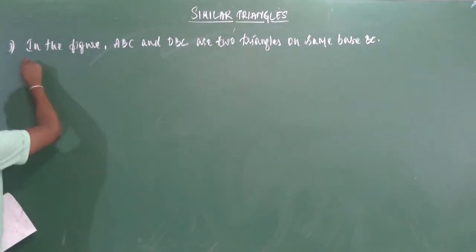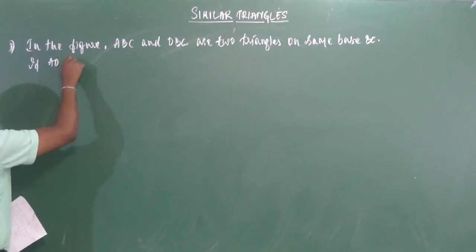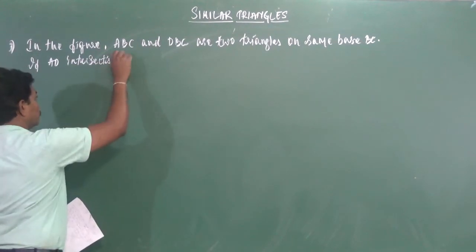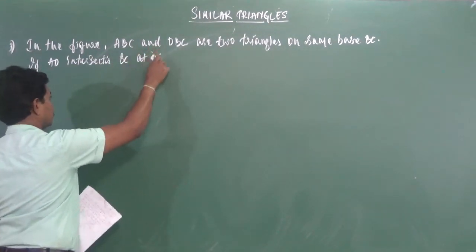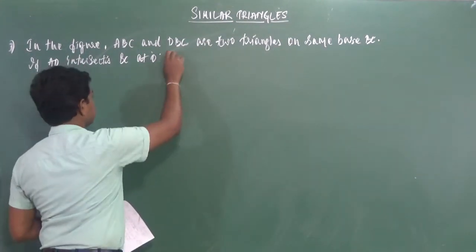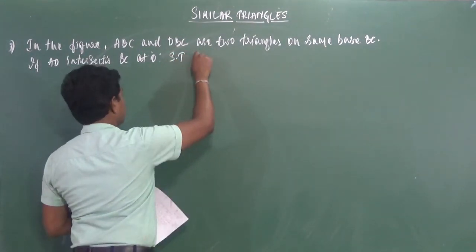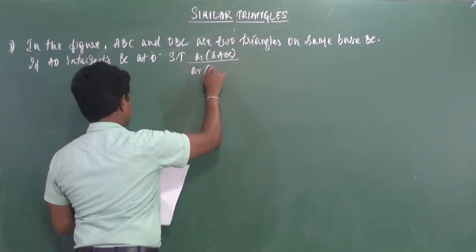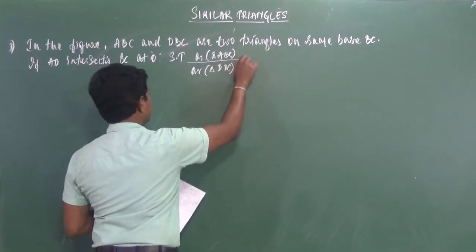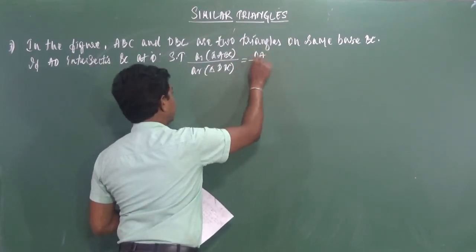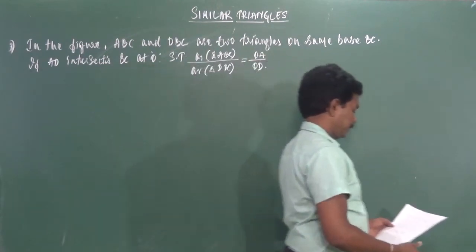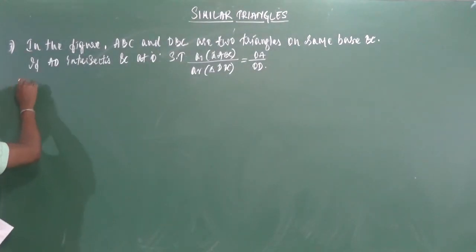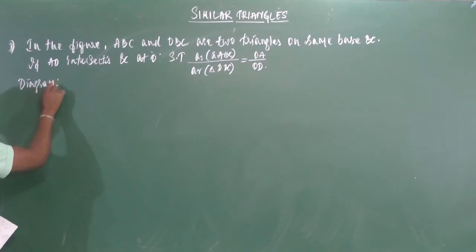If AD intersects BC at O, show that area of triangle ABC by area of triangle DBC is equal to OA by OD. It's an identity, very important. So let us get into the diagram.